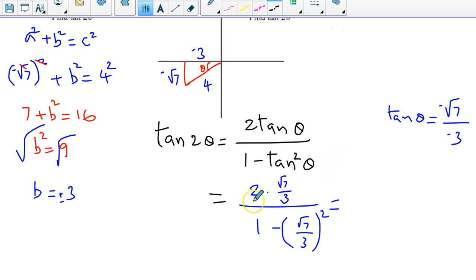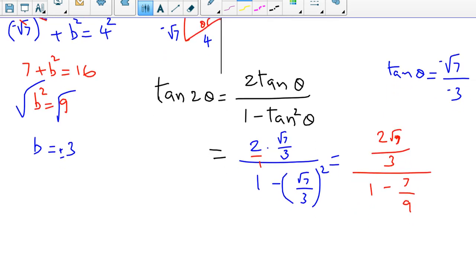Now 2 means you know that it is just 2 over 1, so it will give you 2 root 7 over 3, and in the denominator 1 minus square root of 7 on squaring will give you 7, and that is 9.